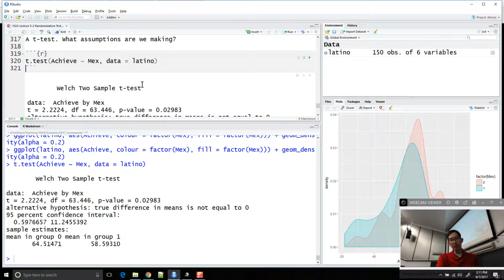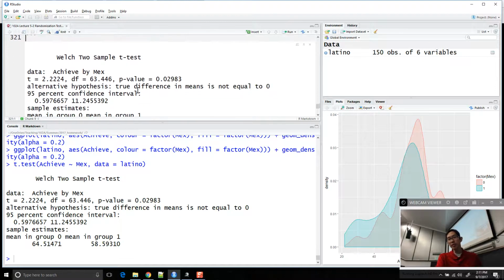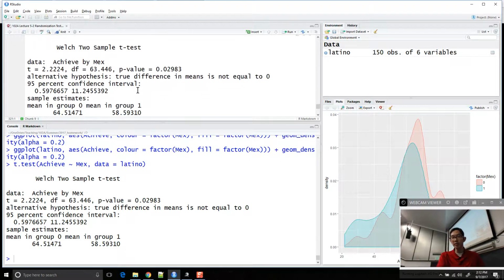Based on our data, we would conclude that the difference in means is unlikely to be a result of random chance only, and that there might be something going on.